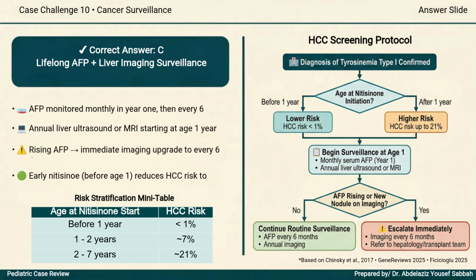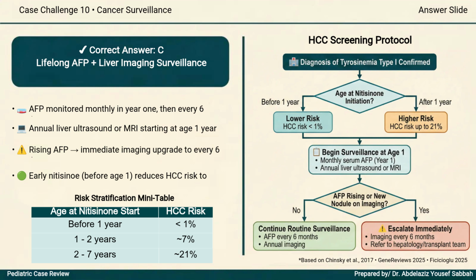Alpha-fetoprotein should be monitored monthly in the first year, then every 6 months lifelong. Annual liver ultrasound or magnetic resonance imaging should begin starting at age 1 year. If alpha-fetoprotein is rising, imaging should be upgraded to every 6 months immediately. Early nitisinone initiation before age 1 year reduces hepatocellular carcinoma risk to less than 1%.